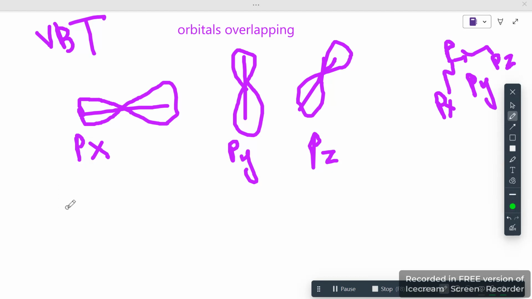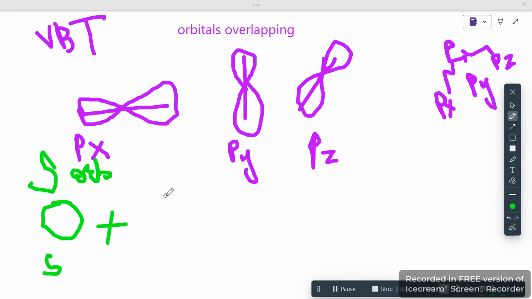If I take the s orbital, what would be in that? If this is the s orbital, it will overlap with another s orbital, and what they will form is a bond.